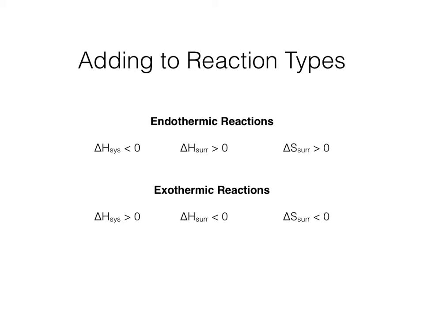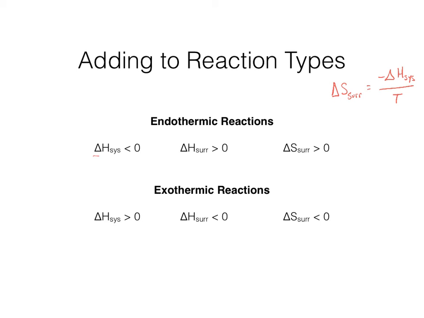So now that we know the relationship that delta S of the surroundings is equal to negative delta H of the system divided by T, we can say some specific things about different types of reactions.